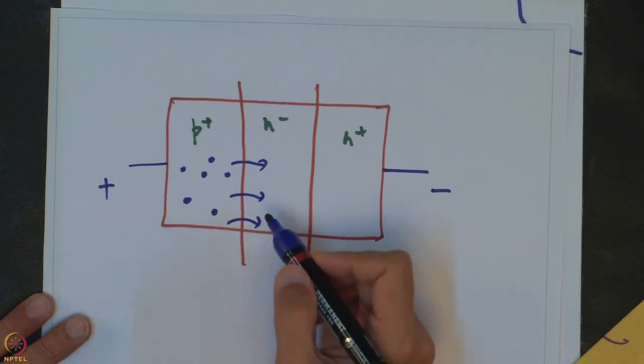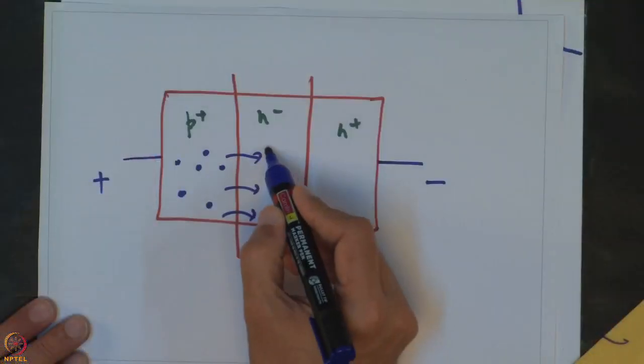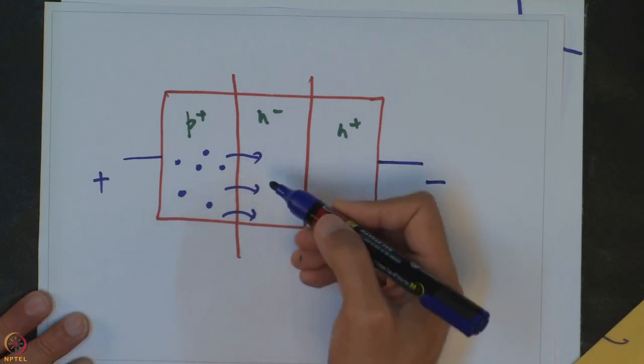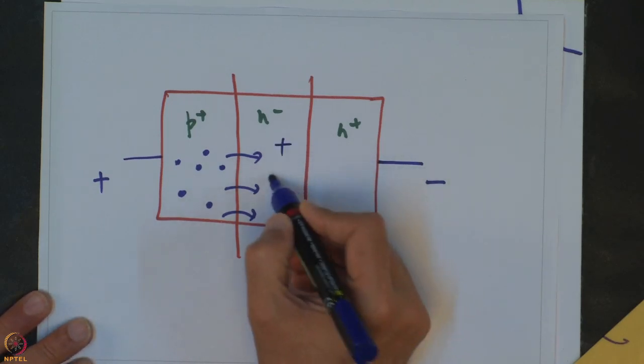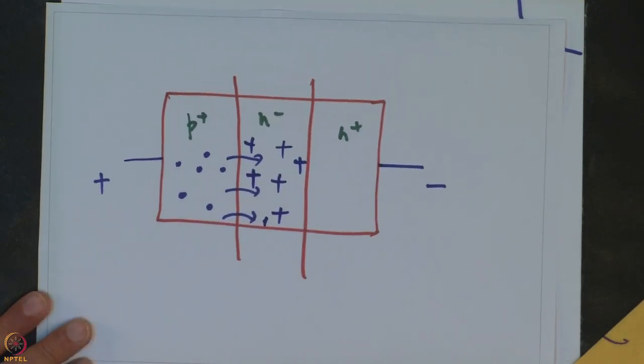Because the N region does not have enough electrons, definitely not as many as the holes in the P region, which is highly doped, if the injection of holes from the P region to the N minus region is large, the electrons in the N minus region will not be able to neutralize the holes. Therefore, there would be an accumulation, at least temporarily, of net plus space charge in the N minus region.